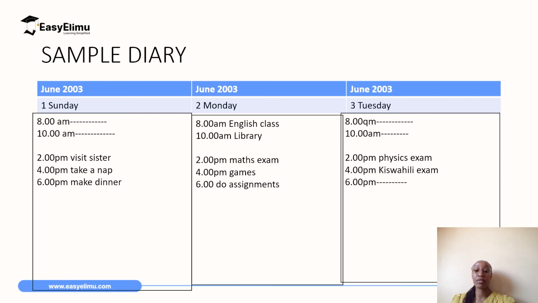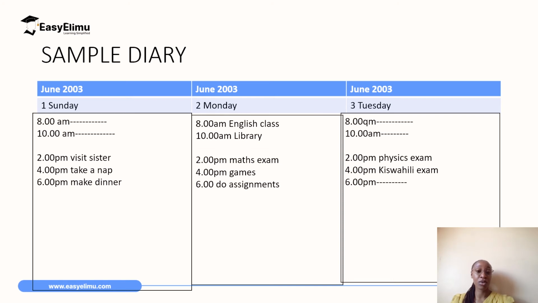And then we have 2 p.m. physics exam, 4 p.m. Kiswahili exam, and 6 p.m. is also blank. Now, when you look at this diary, you will realize that you use short sentences, very short and to the point.